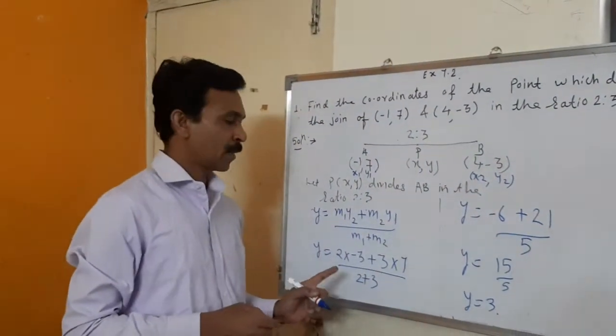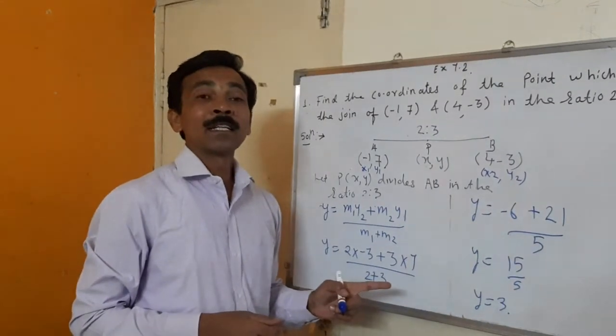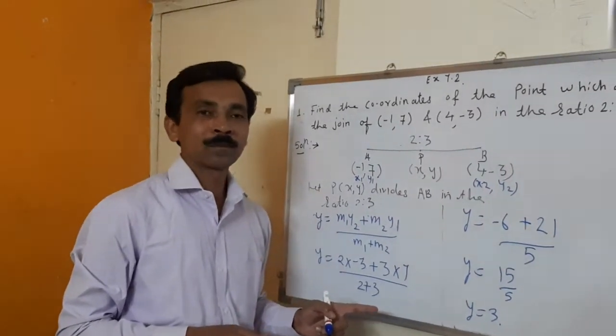So this is the method to find the x and y coordinates when the ratio is given internally.